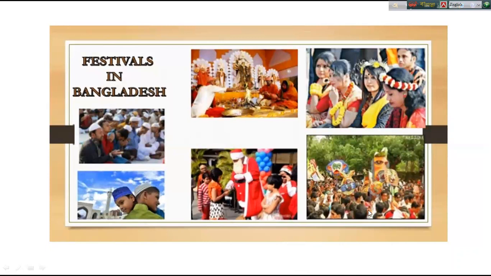You can write Pohela Boishakh also. That is our age-old tradition, and this is the only occasion where people of all classes, all religions join spontaneously. It indicates our cultural unity. So you can write about all of these.